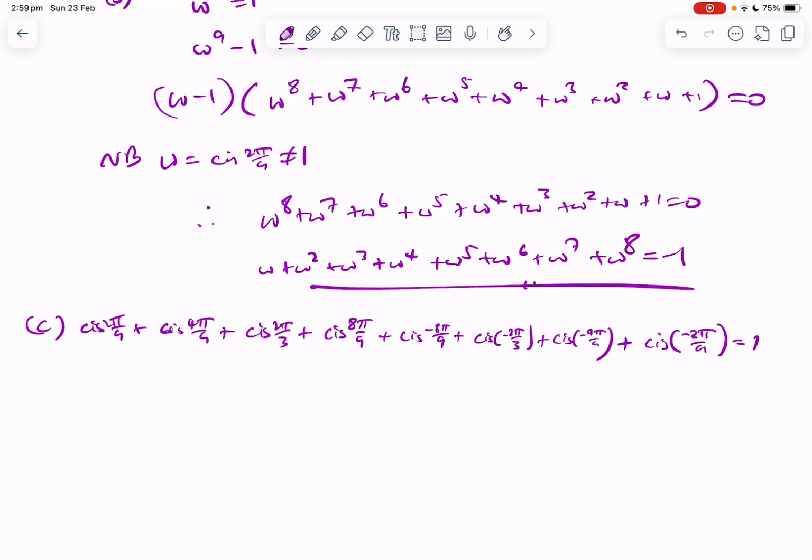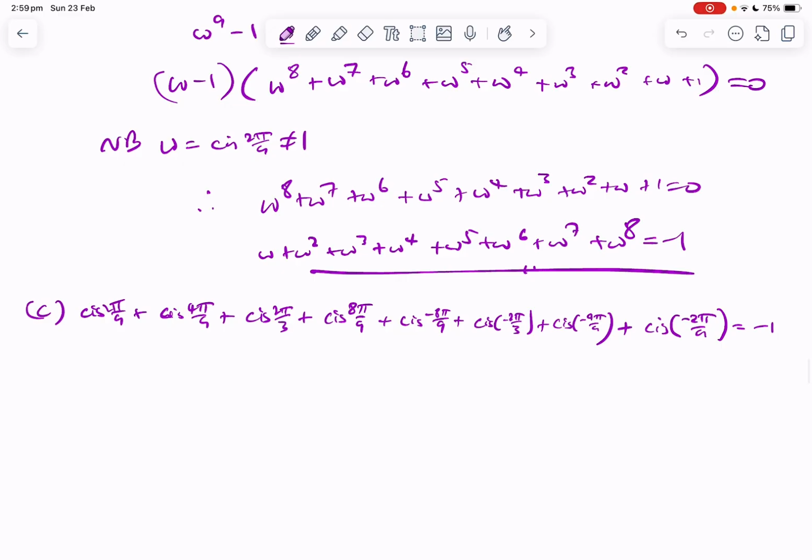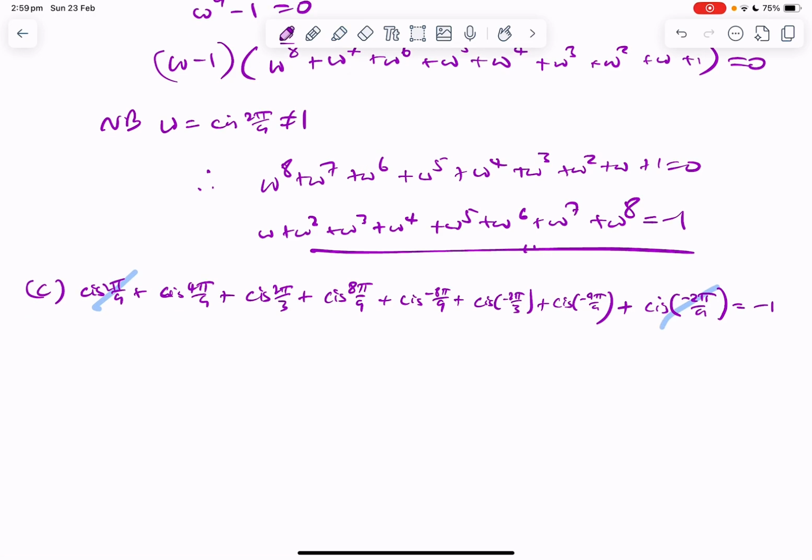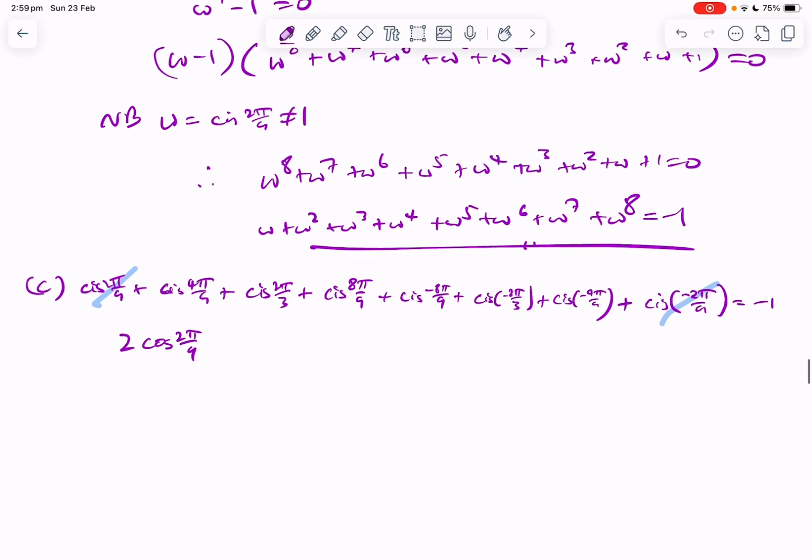So that's going to be negative 1. Then we're going to judiciously add these. If we add the cis of 2 pi on 9 plus the cis of negative 2 pi on 9, we're going to get 2 cos 2 pi on 9. We've demonstrated that in a number of cases already in this chapter.